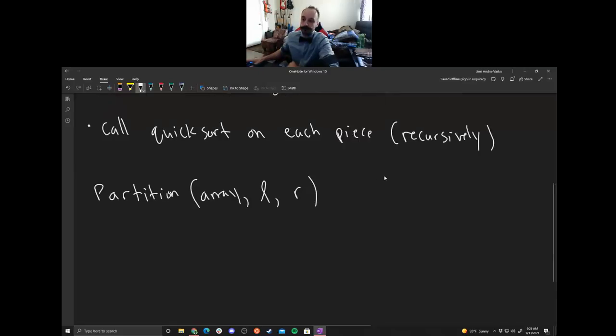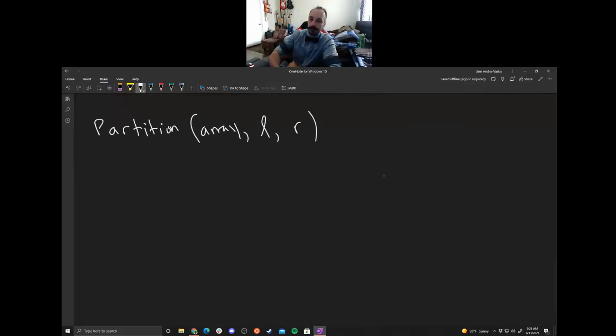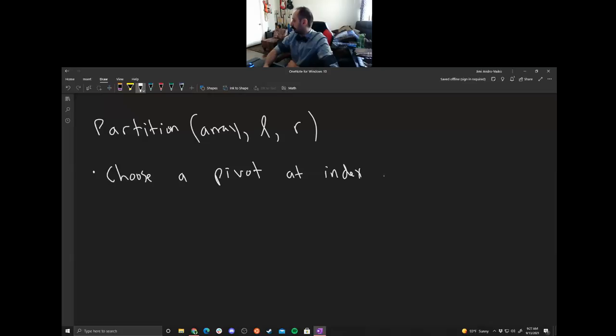So the first step is we're going to just choose a pivot. Let's say the pivot is at index A. Sure, that's where the pivot will be.